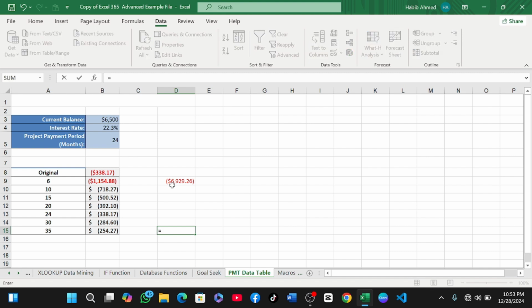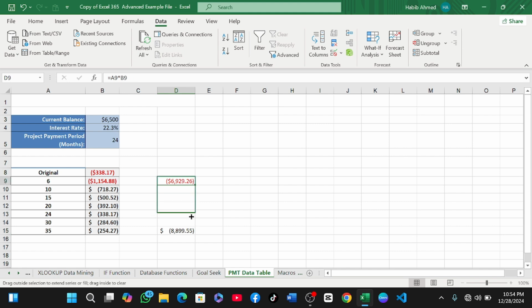If you want to calculate, multiply this 35 by this $254 you'll be paying each month. Now you can see it is $8,899, and the amount required to pay is 6,500. You can see there's a gap, a very big gap, almost 2,000 and above, close to 3,000. And now if you want to calculate, you can just autofill the rest.